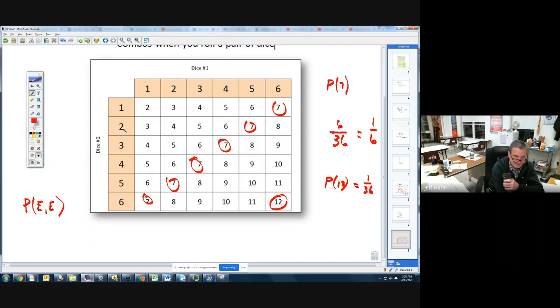How many evens are there? 1, 2, 3. So 1/2 of the things are even on the first roll. How many of the second roll are even? Again, same thing, it's 1/2. The probability of both of those happening is 1/4.